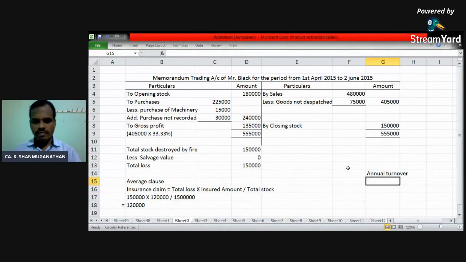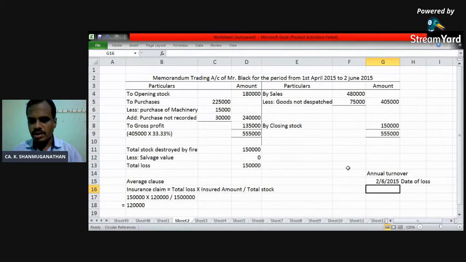So if the date of loss, I am writing that in short form, if the date of loss is 2nd June 2015, then the annual turnover period is 1 year prior to the date of loss.